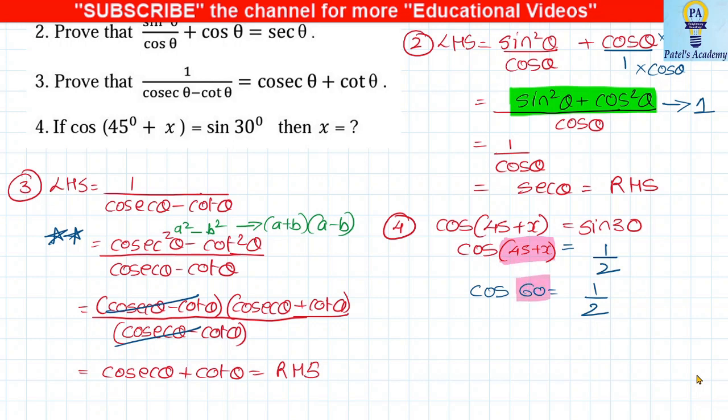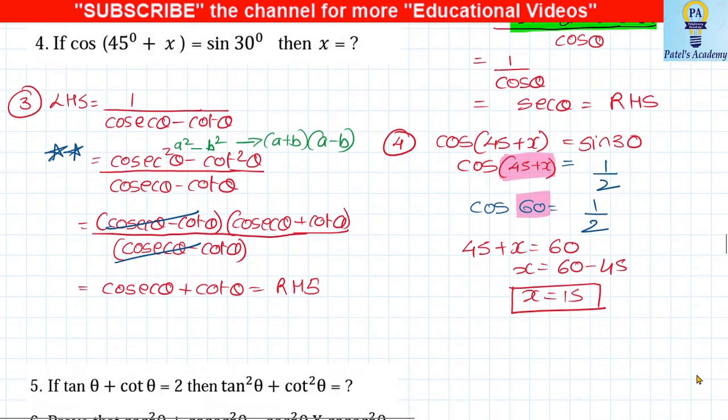Can I equate 45 plus x equals 60? That is what we are doing. 45 plus x is 60, so x is 60 minus 45, equals 15. That is how we solve this particular sum. Okay, we finish with the fourth sum.